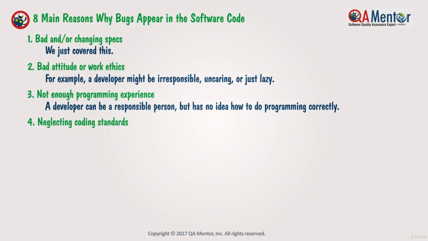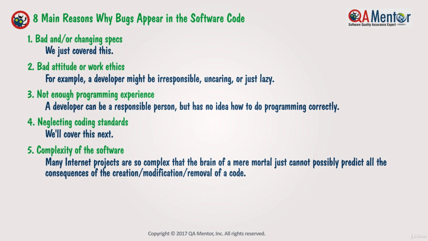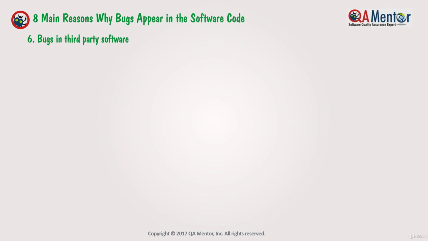4. Neglecting coding standards. We'll cover this next. 5. Complexity of the software. Many internet projects are so complex that the brain of a mere mortal just cannot possibly predict all the consequences of the creation, modification, removal of a code. 6. Bugs in third-party software.